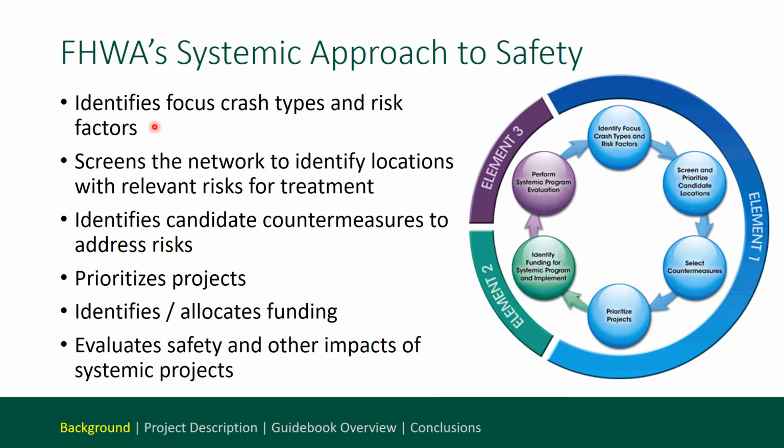And then you evaluate what actually happened. You can do empirical based type stuff after you implement improvements, to assess how much improvement you actually made. Okay? And that is the process for implementing the systemic approach to safety.